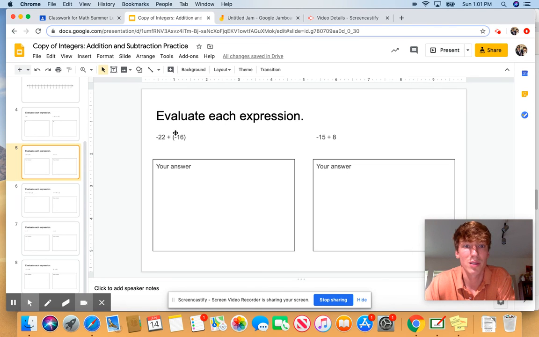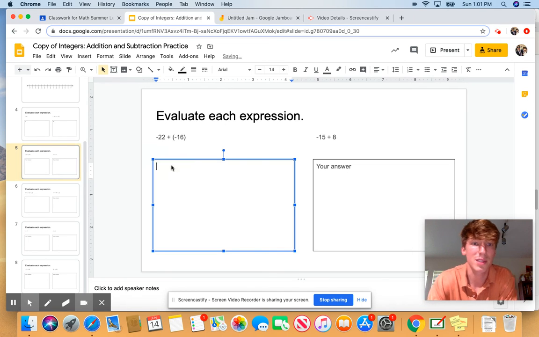So -22 plus -16. 22 plus 16 is 38. So when the sign's the same, you keep the sign. In this case, they're both negative, so it's -38.